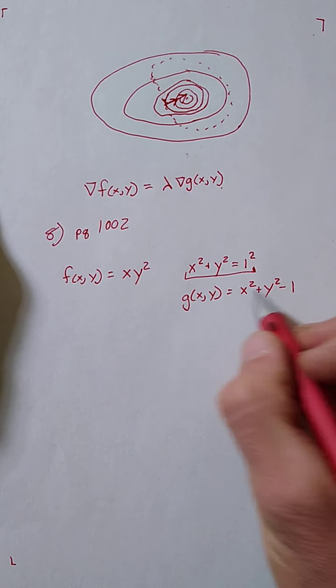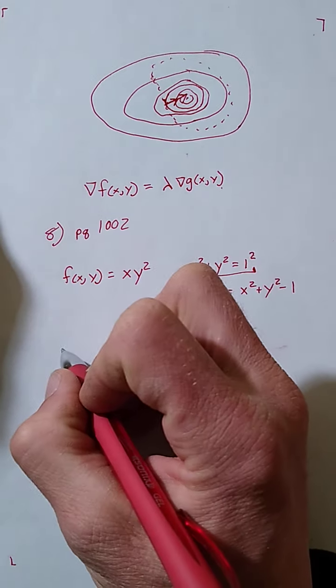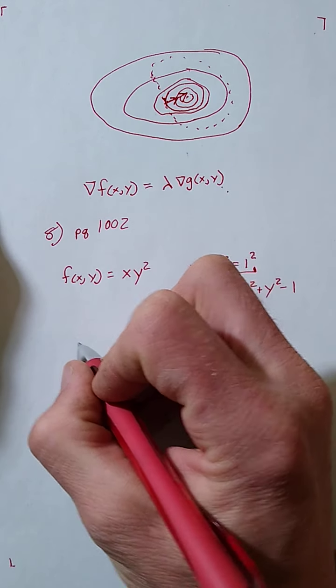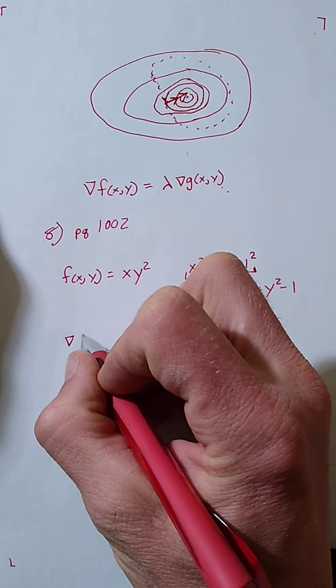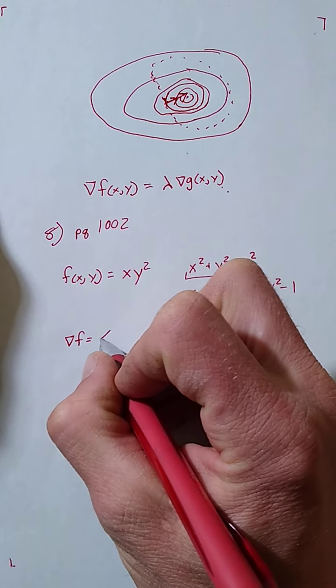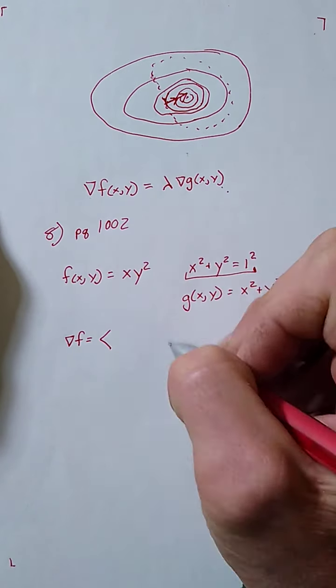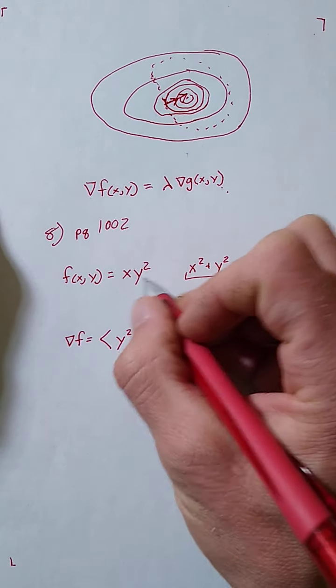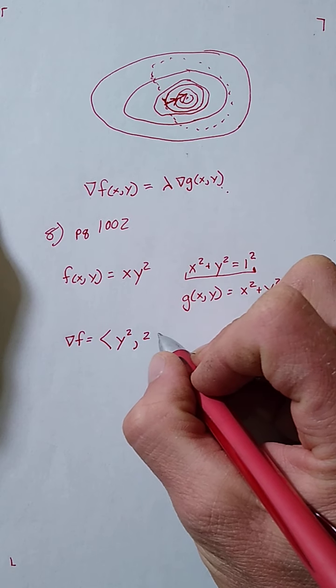Okay, so here's our g, here's our f. Now we need to use the Lagrangian multiplier equation. So we need that the gradient of f equals, so partial with respect to x is y squared, partial with respect to y, 2xy.